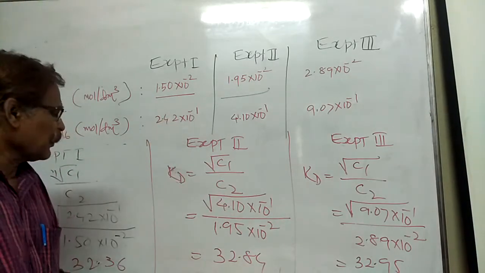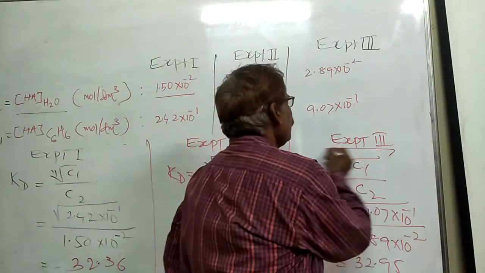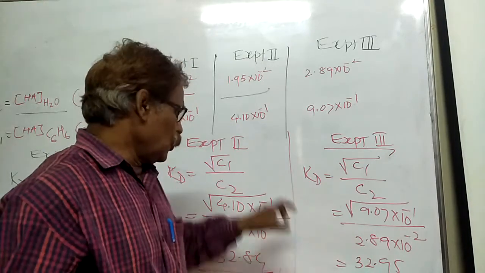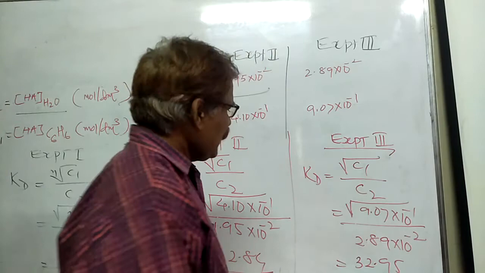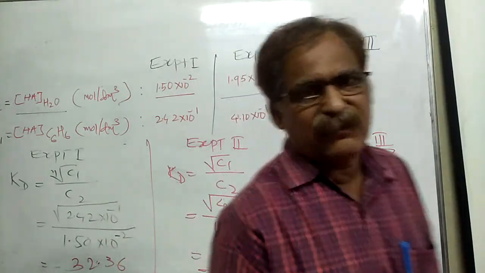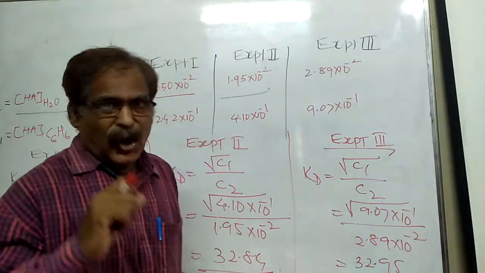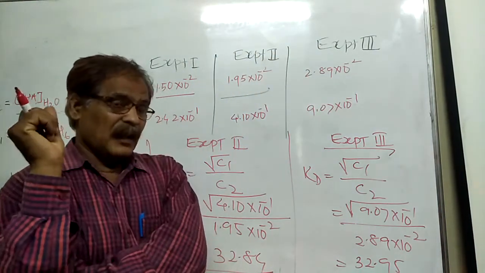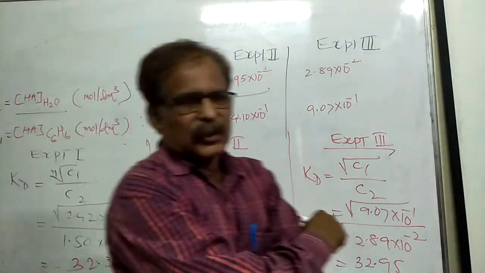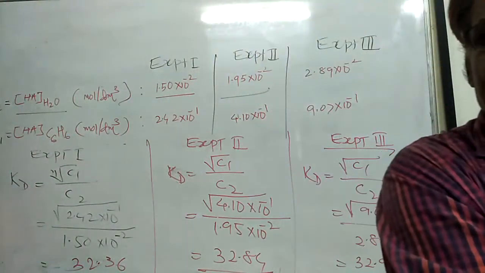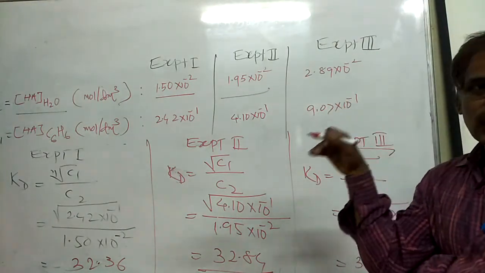In second case, we get 32.84. In case of experiment number 3, the ratio is 32.95. This clearly indicates that the organic acid HA exists as associated molecules in solvent benzene, and the numerical value of n is equal to 2.